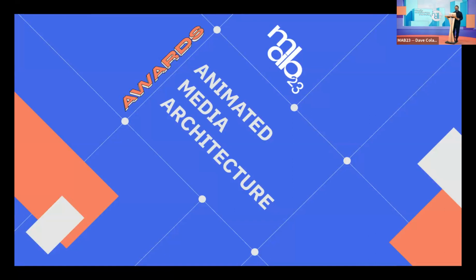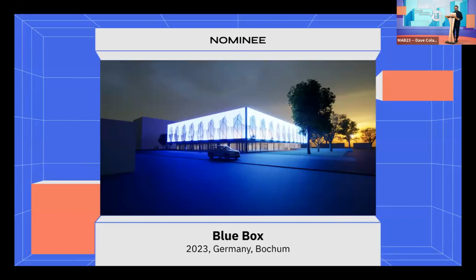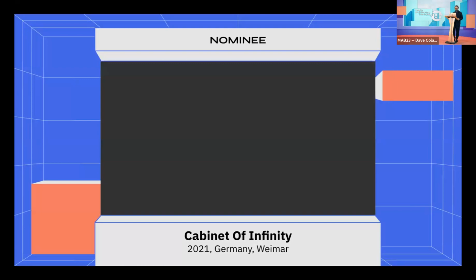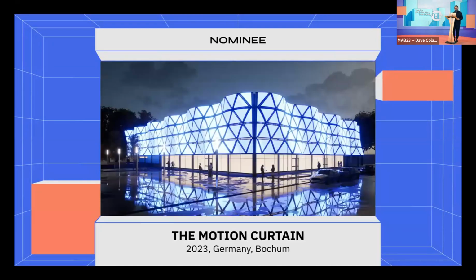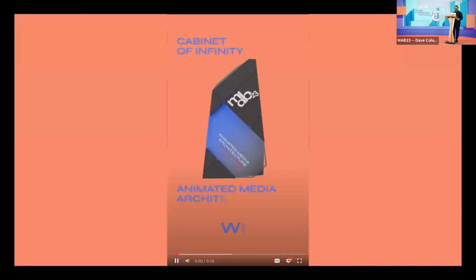So the nominees in this category are Blue Box, Cabinet of Infinity, and the Motion Curtain. And the winner is Cabinet of Infinity.